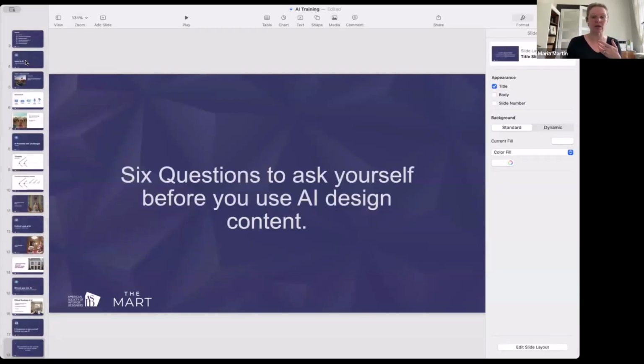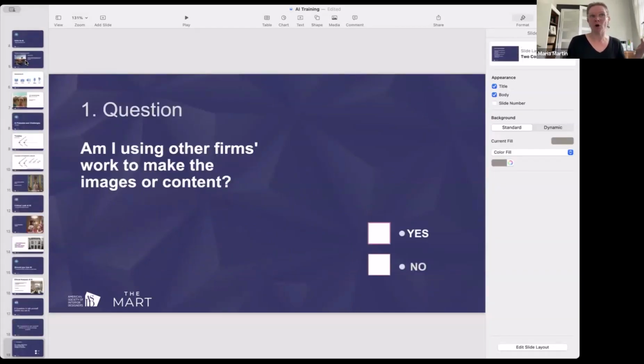are you using another firm's work to make either the images or the content that you're creating? So if you're taking someone else's work and inputting it to get what you want, technically you're going against the rules and regulations of the platforms. You should never take other people's human-made content and input it to create your own.